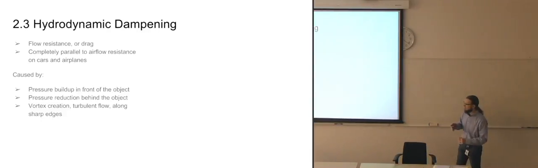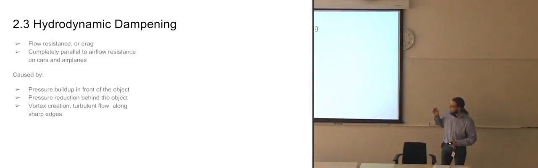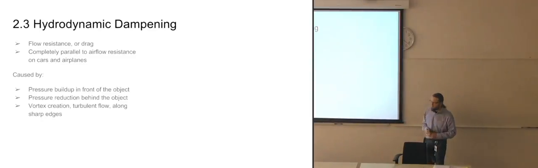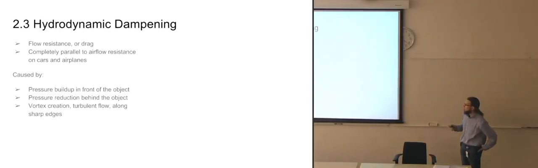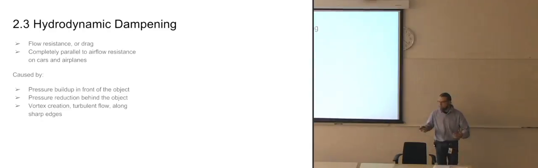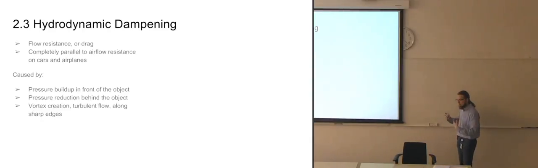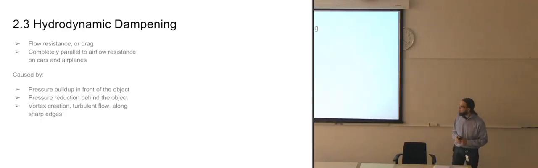Vortexes can be created along sleeker edges too, but especially with sharp edges, you will definitely get turbulent flows. So the vortex creation creates turbulence, and the turbulence also creates a disturbance in the water, which adds to the drag in this case.